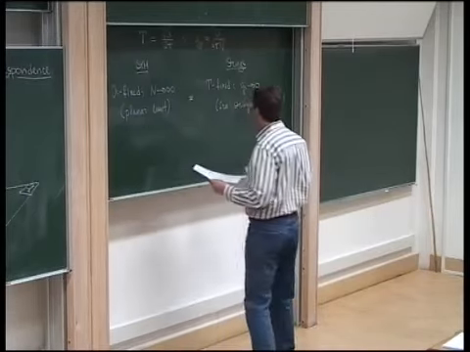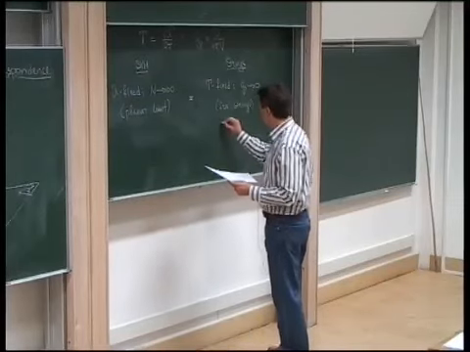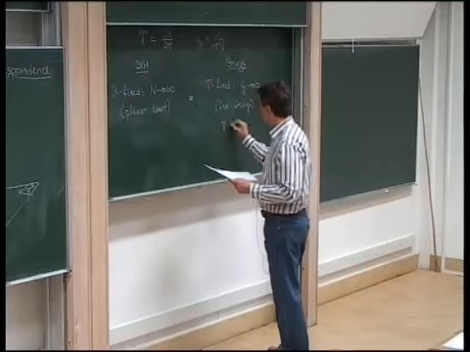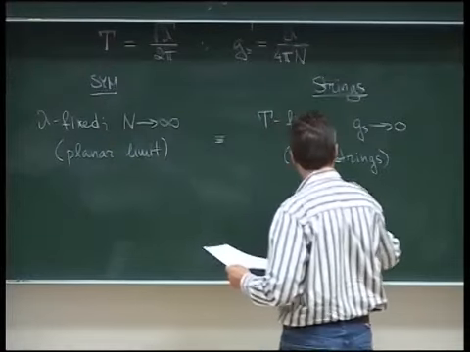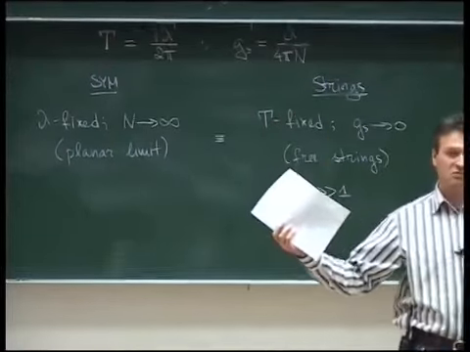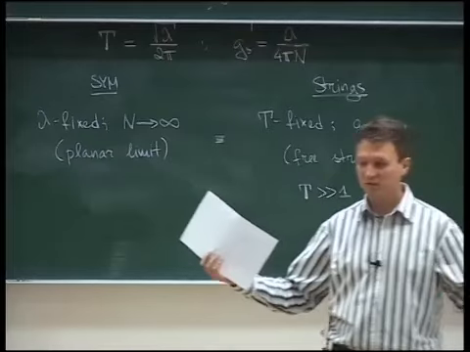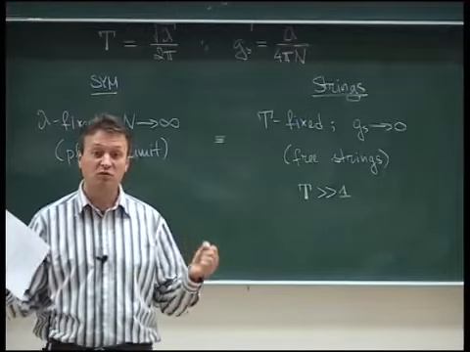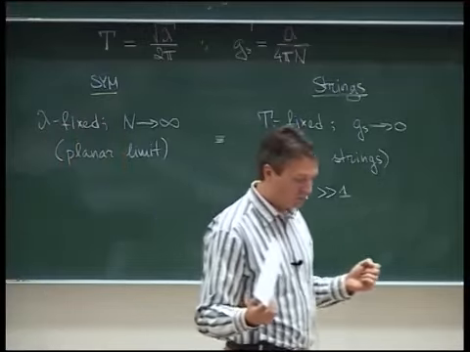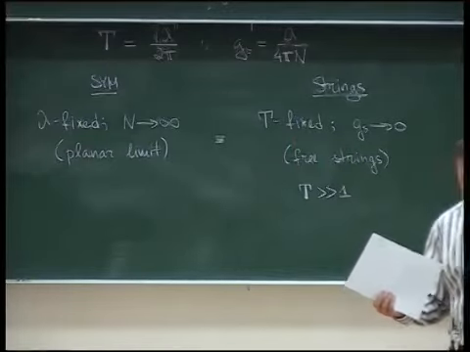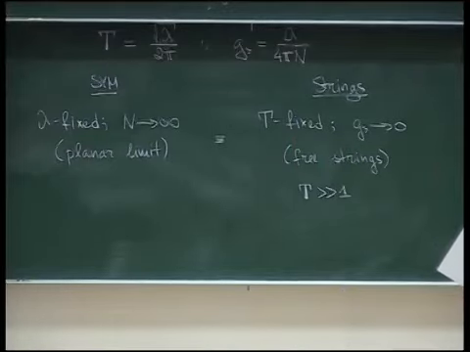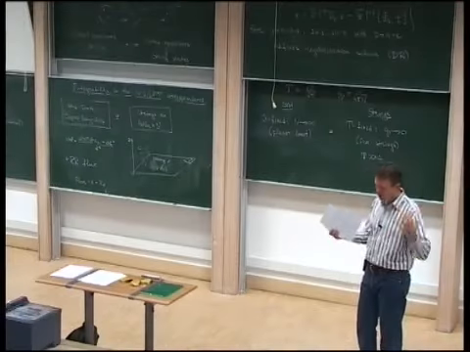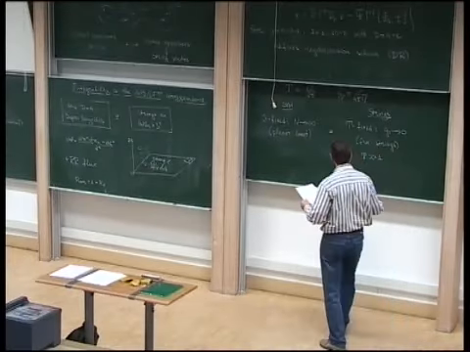On the string side, a natural thing to do is to make the tension big. Then the string becomes sort of rigid. It costs a lot of energy to make it move. So basically it suppresses all kinds of fluctuations. So it corresponds to classical strings that do not fluctuate.